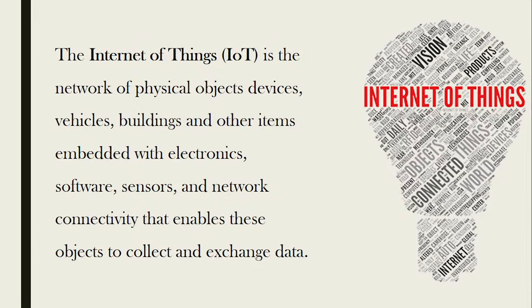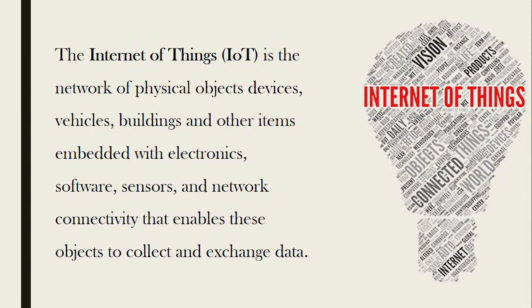Internet of Things is the network of physical objects, devices, vehicles and buildings, other items embedded with electronics, software, sensors, and network connectivity that enables these objects to collect data.